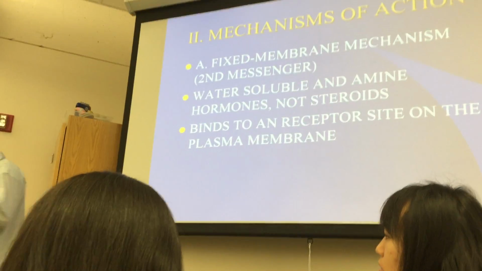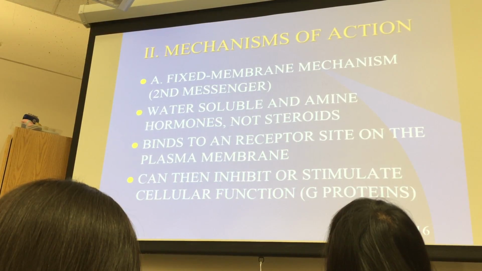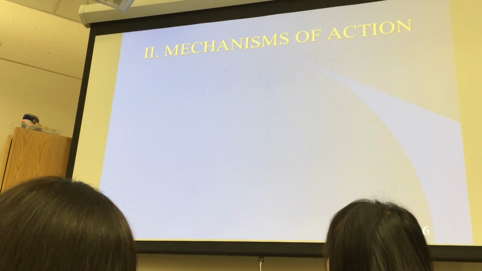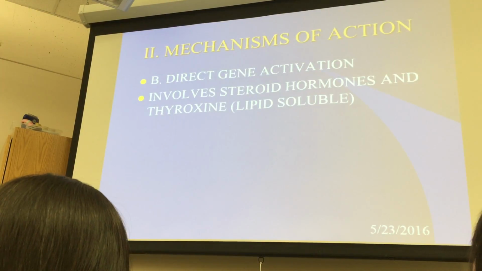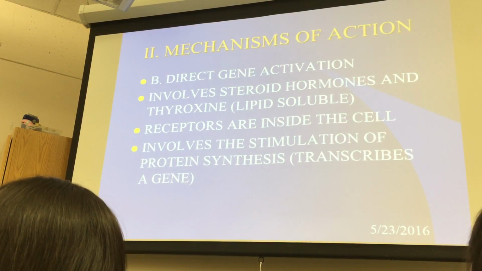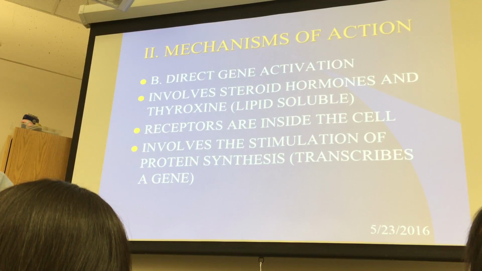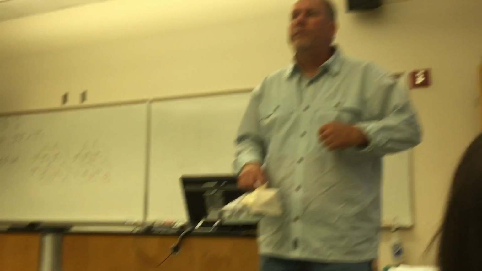The other way is steroid hormones, and they go right inside the cell. They can inhibit or stimulate, the second messengers can do whatever they want to do to that cell. Secondly, direct gene activation, steroid hormones, receptors inside the cell, goes just like this. I'm a steroid hormone now. Could somebody name a steroid hormone for me?